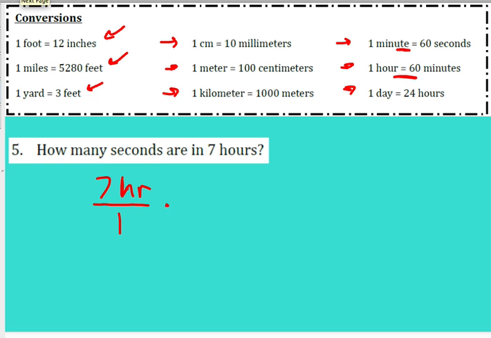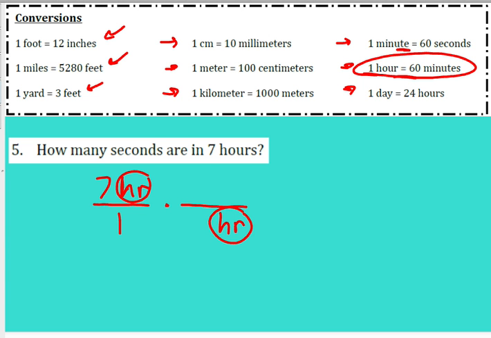Now, the first thing I'm going to do is convert hours to minutes. And we're going to do that little fraction over here, and it's going to equal 1. I'm going to put hours down here because I eventually want to be able to cross-cancel these hours out and eventually work it to just seconds. The only thing left is seconds.